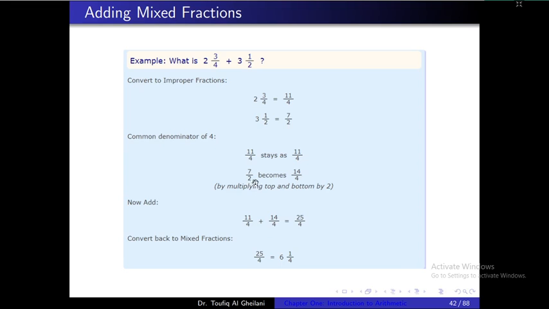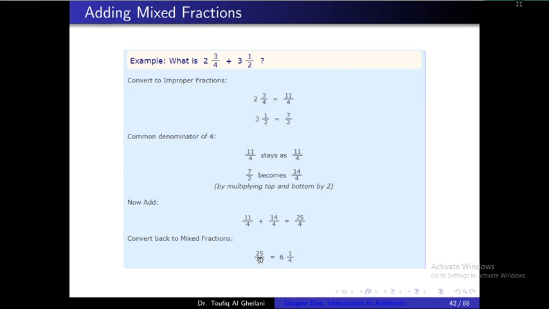I multiply here by 2: 14 over 4. So now the denominator is the same, 4, and I add the numerators, 11 plus 14 is 25, and here I can convert this improper fraction to a mixed number.